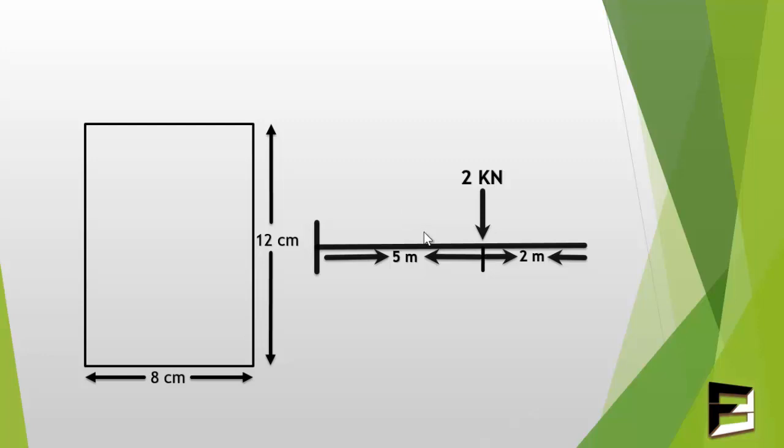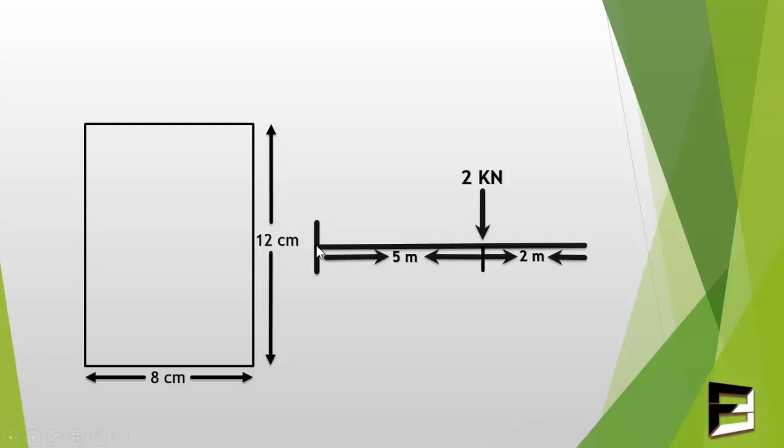There are 3 kinds of load we use. It means these 3 kinds of load are the most usable. One is point load, second is UDL, uniformly distributed load, and third is uniformly varying load. But this is a point load. We have 2 kilonewton.